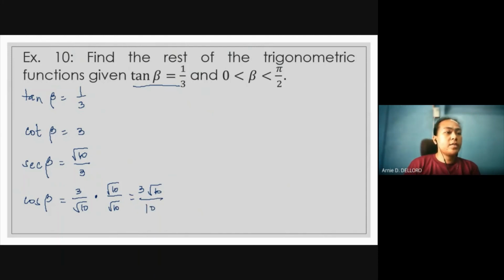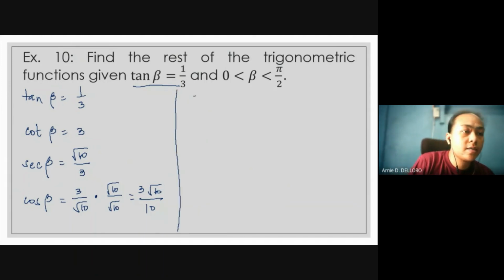So, what about the sine? We can use the Pythagorean identity again. Let me bring out the exponent.